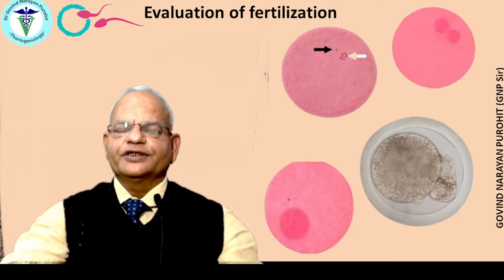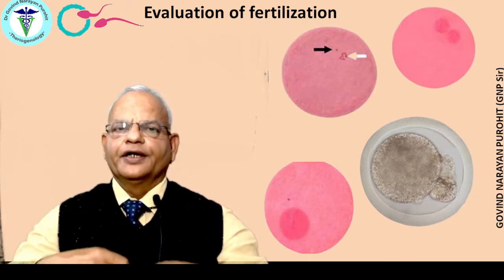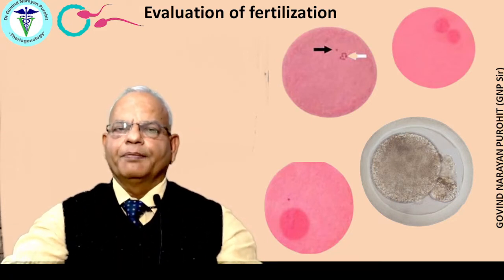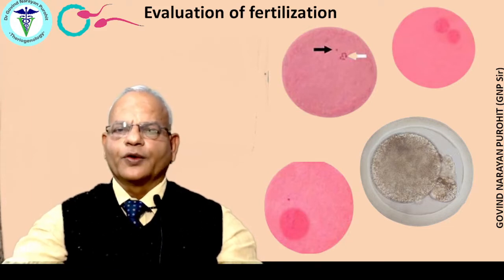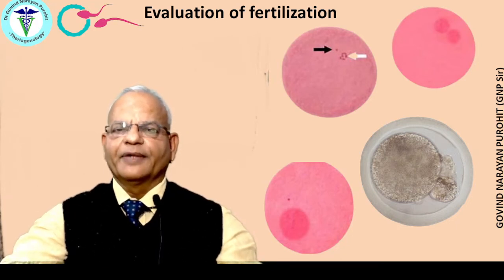After fertilization, if one is going in for some study, he can evaluate the status of fertilization by taking out again 10% of the presumptive zygotes and fixing them in a way similar to how the oocytes were fixed for evaluating nuclear maturation.